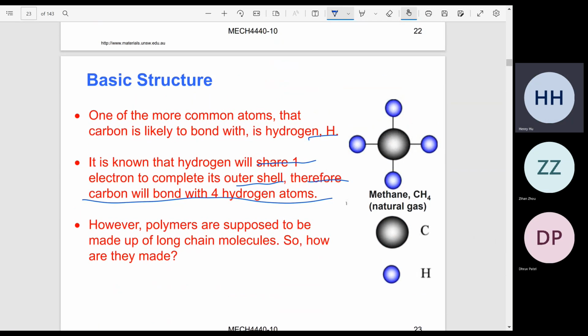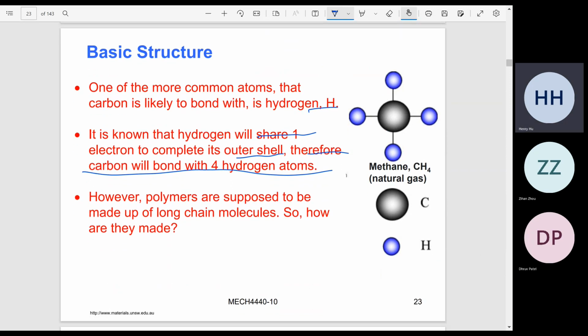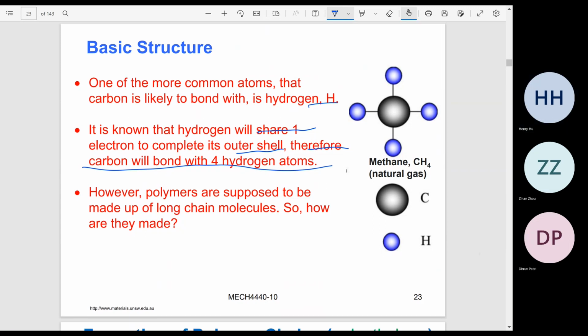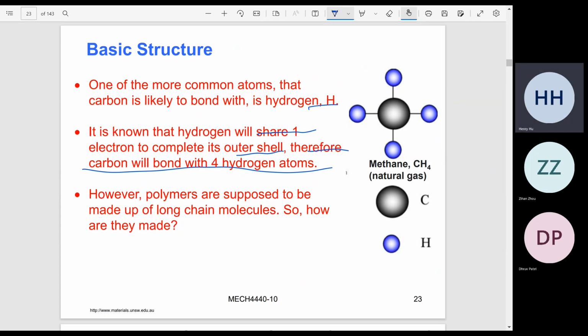Because the hydrogen only has 1 electron in its outer shell, and this 1 electron is shared with the carbon, you basically need 4 hydrogens to connect to a carbon in order to establish stable bonds.